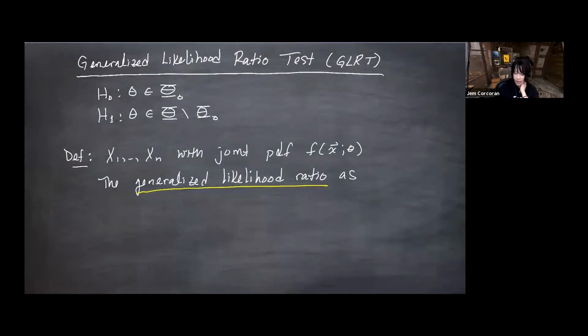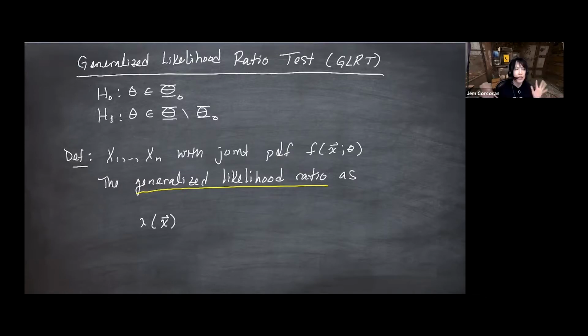The generalized likelihood ratio, we're going to denote it by lambda of x. It's not going to depend on a theta naught and a theta 1 because there is no fixed theta naught and theta 1 here. There's an entire set, capital Theta naught. So here's where we get really general. The UMP tests are really hard, if they exist, when we stop talking about less than, greater than, not equals.